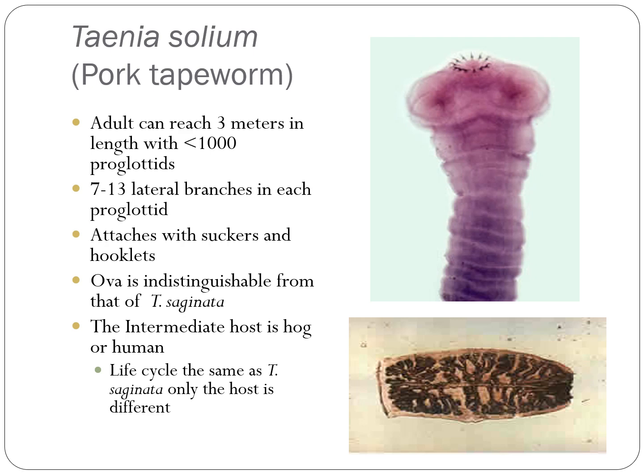They attach to their host with suckers and hooklets, and the ova is indistinguishable from that of Taenia saginata. So the ova of Taenia solium and the ova of Taenia saginata look exactly the same. In the case of Taenia solium, the intermediate host is the hog or the human. And again, the life cycle of Taenia saginata is completely the same, except for there's a different definitive host.